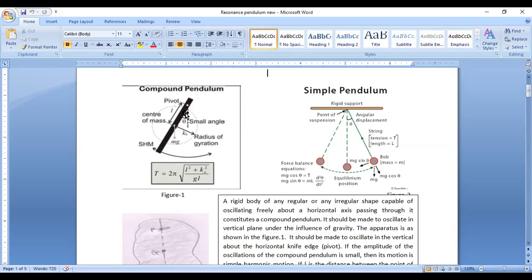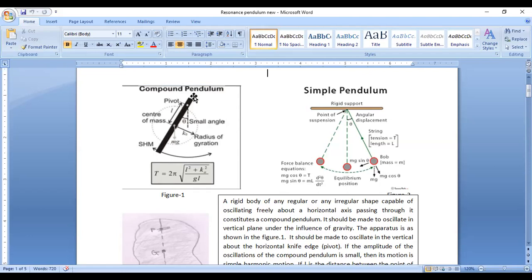In the case of a simple pendulum, there is no distribution of mass. Mass is concentrated at a particular point in a metallic sphere, that is the bob of the pendulum. But in a compound pendulum, the mass is not concentrated at a particular point.